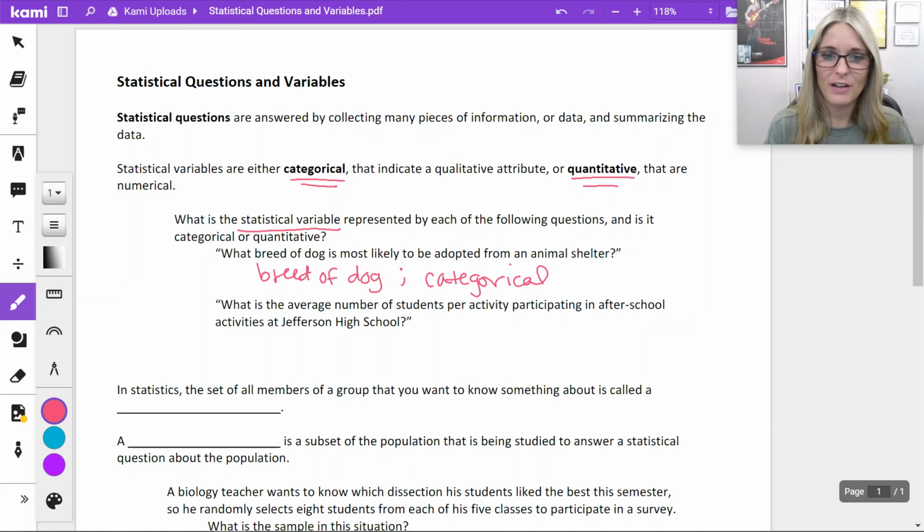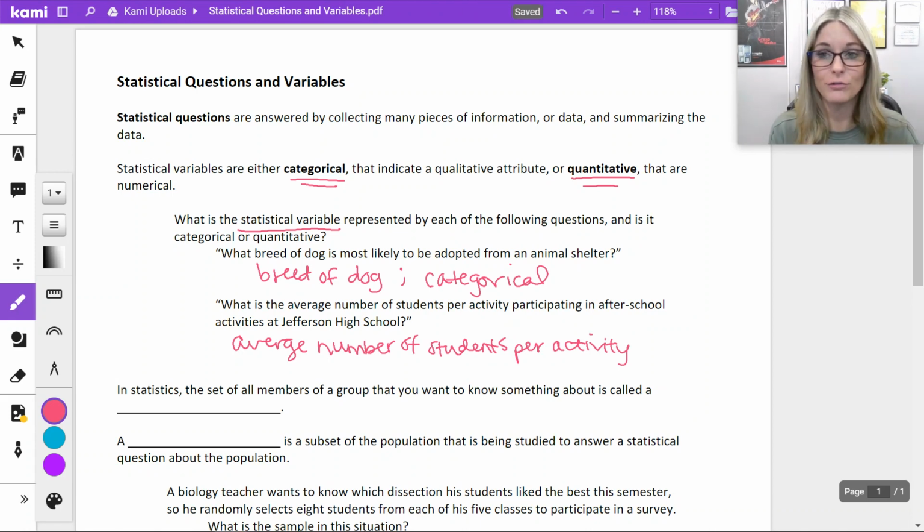The average number of students per activity, right? That is going to be our statistical variable, and we've already identified that it is quantitative, or it would be a numerical value that you would give me.